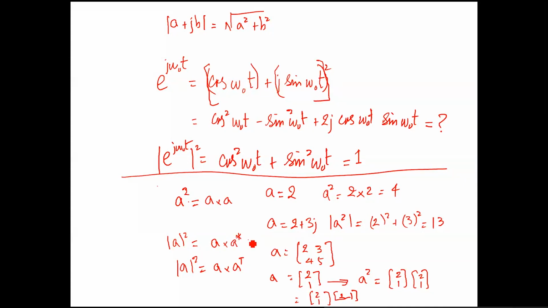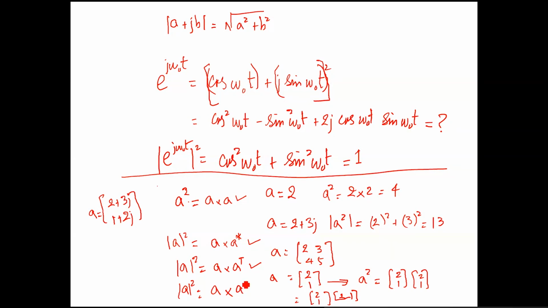So for a complex number it is this, for matrices it is this, for a real number it is this. What if your matrix has got complex numbers? If this is a, now what? Then the squaring part would be a into a transpose and conjugated.